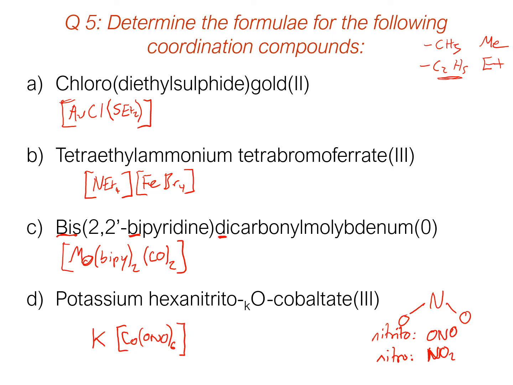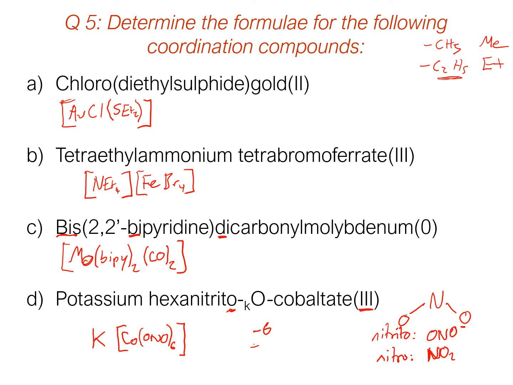Now, there is one other thing we need to do here, because this isn't perfectly right yet, and that's deal with the charges. So it's nitrito. So we know that this ONO is a minus. We've got 6 of them, so the ligands give a -6 charge. Cobalt, we can see from the oxidation state at the end of the name, is 3.